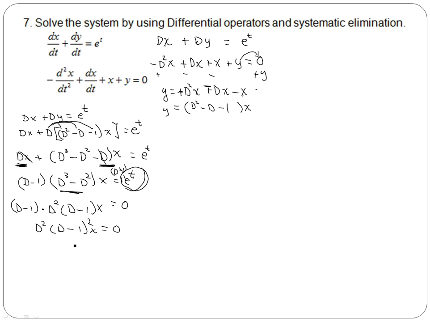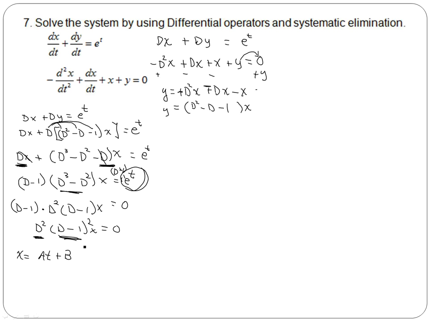And now what I want is to find my polynomial that will make this true. What function is annihilated by these differential operators? Well, a D squared will annihilate a first degree polynomial. So it'll annihilate something in the form of at plus b, first degree term and 0 degree term.